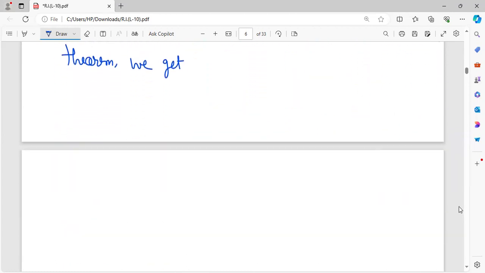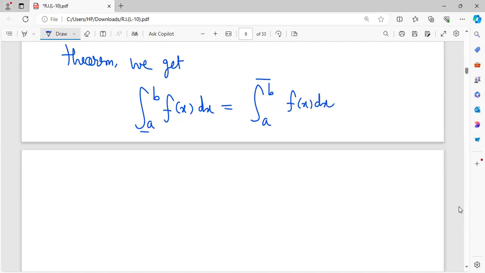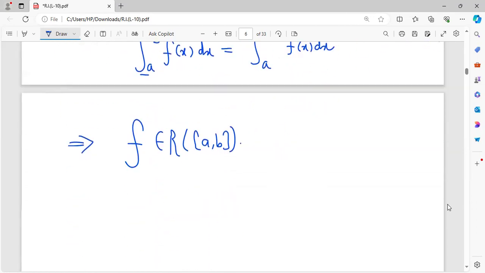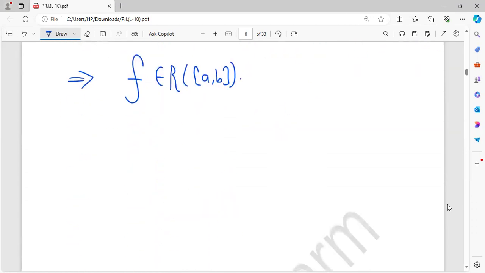We have lower integral equal to upper integral. So this implies f is Riemann integrable. Okay, done. So this theorem is done, the Archimedes-Riemann theorem.